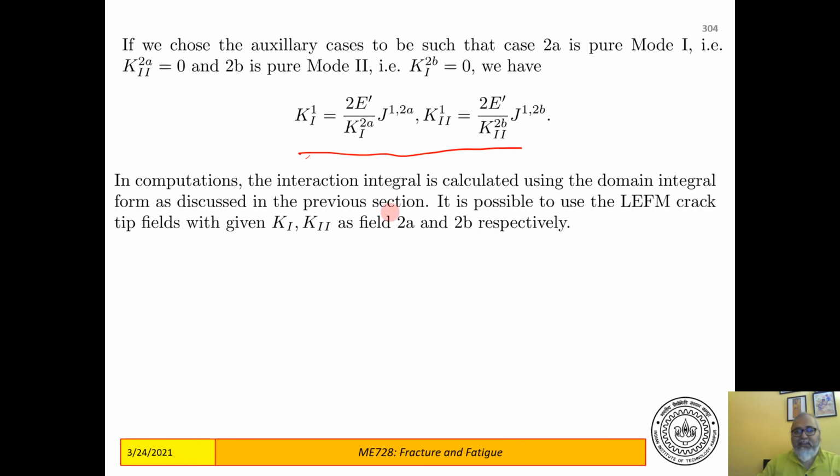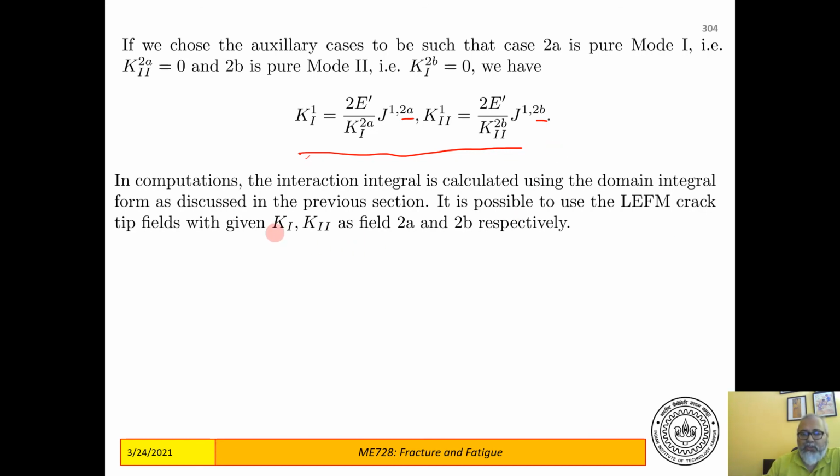in computations, as I said, the interaction integral is generally calculated using the domain integral method. And what do we use for the 2A and 2B cases? We can, for example, use the Williams solution with a stress intensity factor of 1.